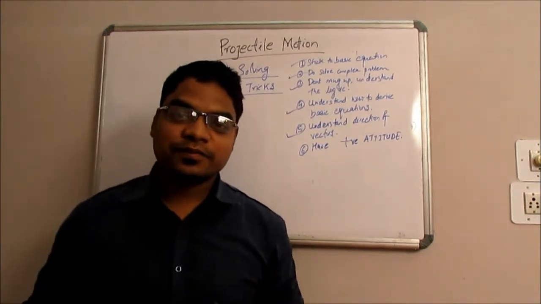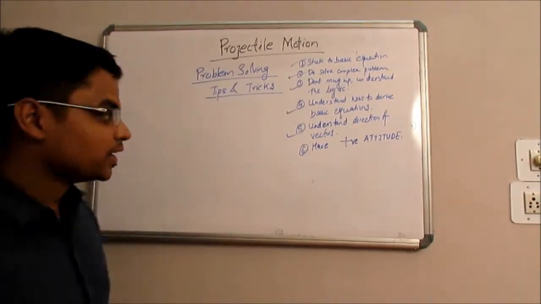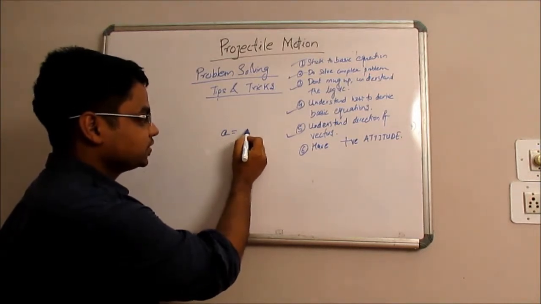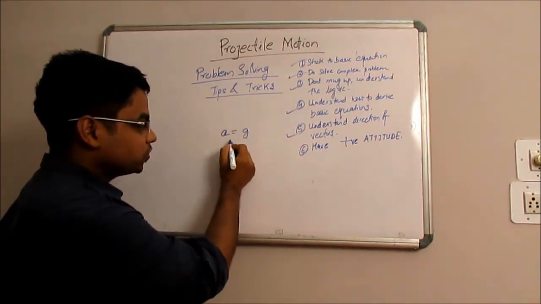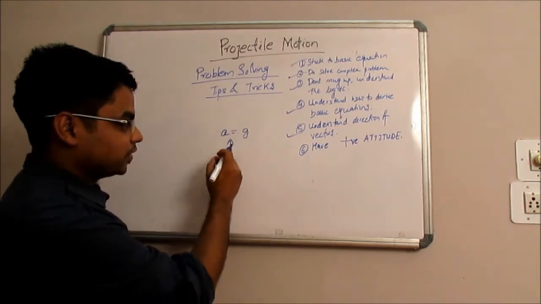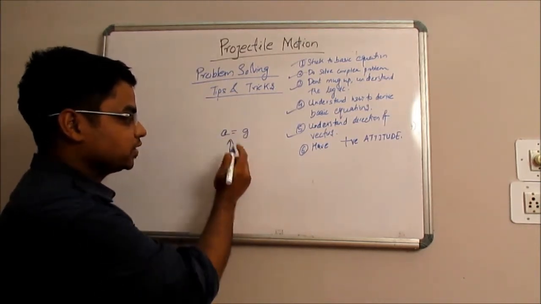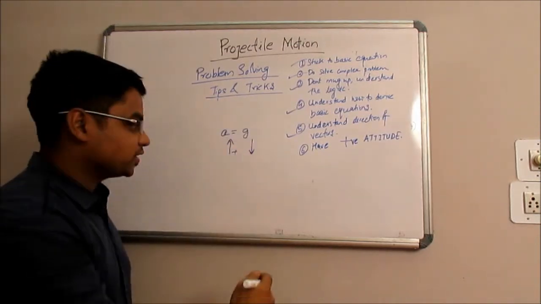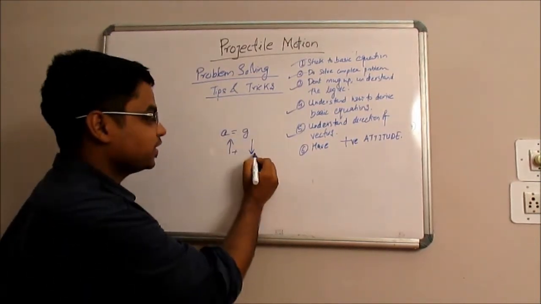And some people have a misconception about the value of acceleration g: when the body is going in the upward direction, it is positive, and when it is going in the downward direction, it is negative.